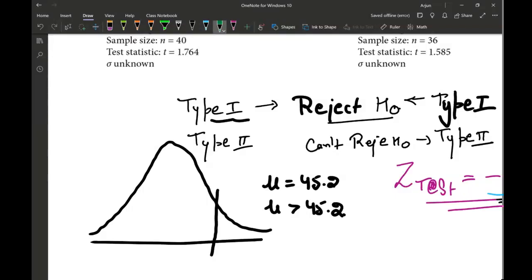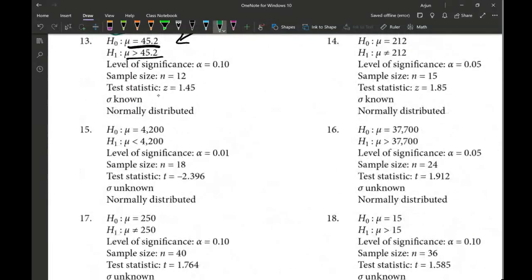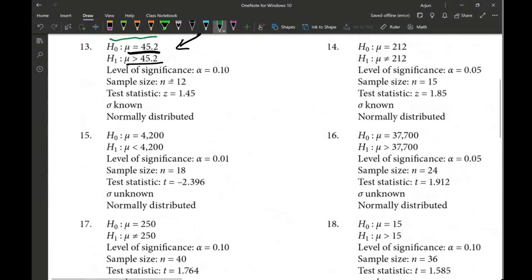Now level of significance, let's see how much is given to us. Level of significance is 10%. 0.10 is 10%. Sample size is 12, and test value is this much.